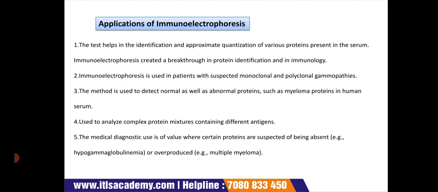So what are the applications of immunoelectrophoresis? The first application is whenever you want to identify or approximate the quantization of various proteins present in the serum. They are also used in patients with suspected monoclonal and polyclonal gammopathies, and whenever you want to detect abnormal proteins, for example myeloma protein in human serum.